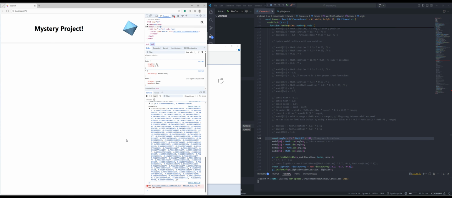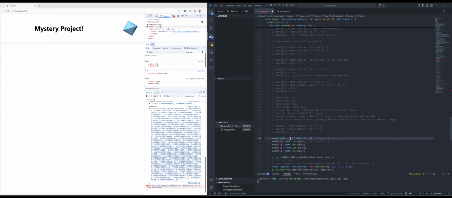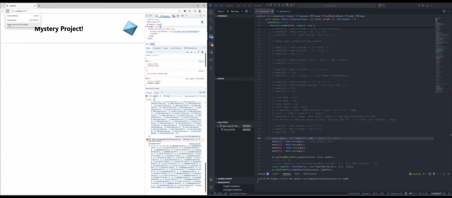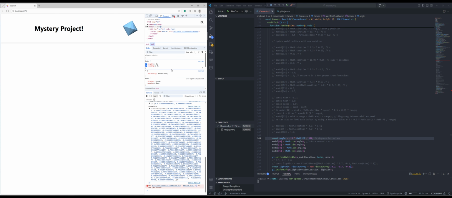I was thinking right now, what if we give a minus sign? It should go in the opposite direction. Let's reload it. It went in the opposite direction.